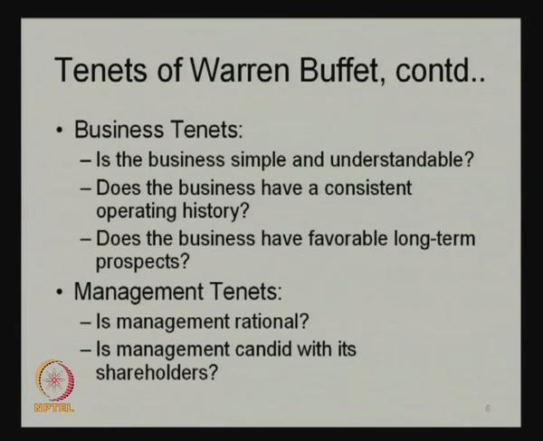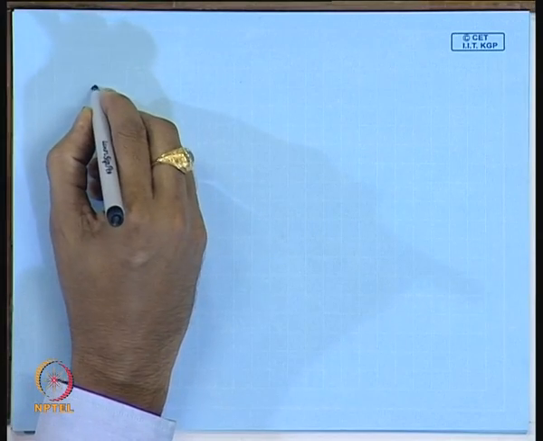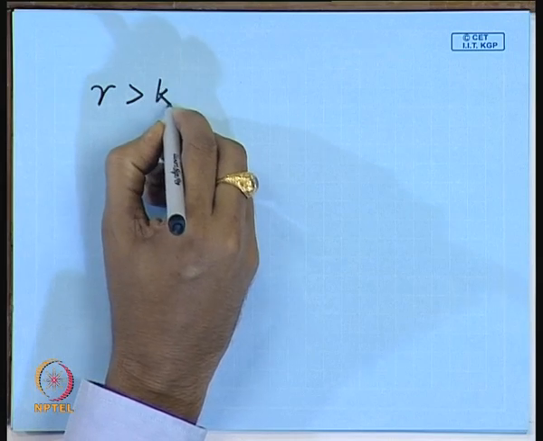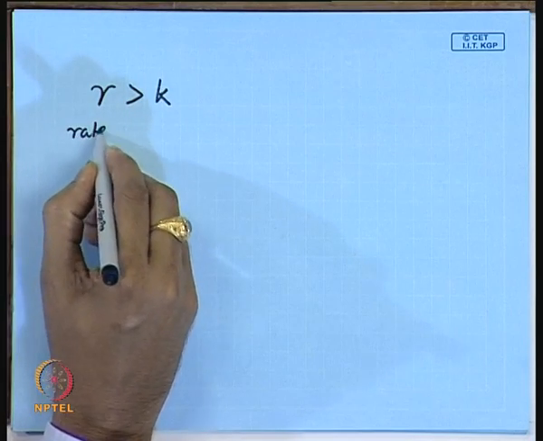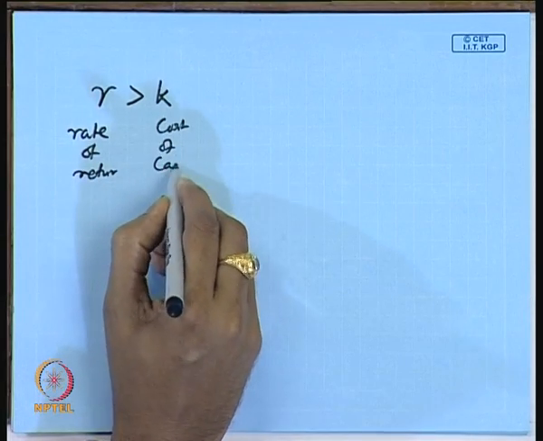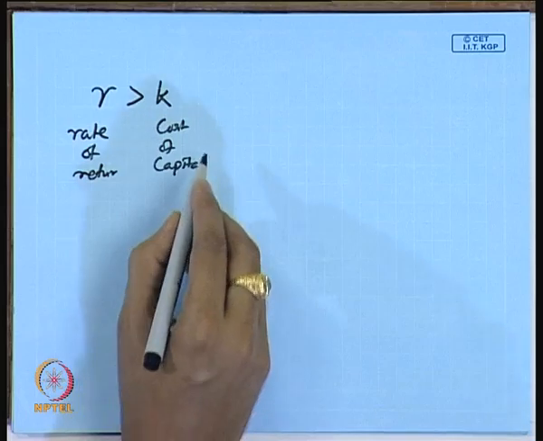Then the next thing the author has suggested is the management tenet. It talks about management rationale. When you say management rationale, we should go for the best investment decision. And the best investment decision is that one should only go for value creating investment opportunities. When we say value creating opportunities, we mean very simply that the company should invest in a project whose expected rate of return R is more than the cost of capital K. The cost of capital is nothing but the expectation of the investors from the company.